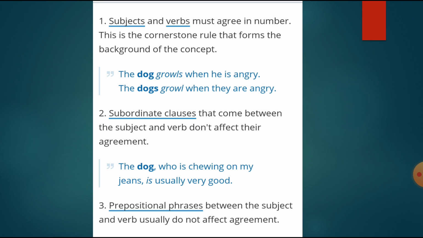The dog growls when he is angry. The dogs growl when they are angry. You can see that in the first sentence, the dog is singular. So you know that in affirmative sentences, we add s to the first form of verb when the subject is singular.